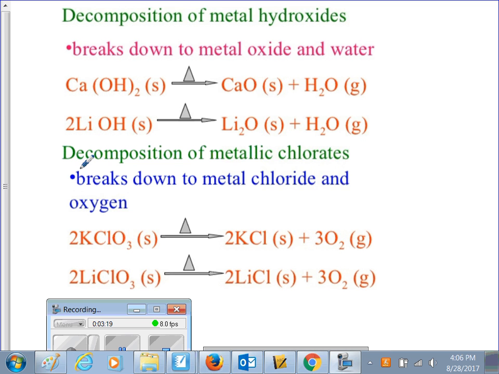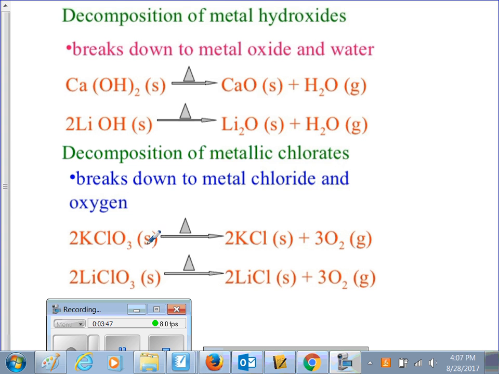Okay, continuing on with the rules, if you have a metallic chlorate like potassium chlorate, lithium chlorate, or sodium chlorate, and the problem mentions it being heated strongly, this triangle over the yield arrow means heated, and it'll decompose into a metal chloride and then oxygen gas.